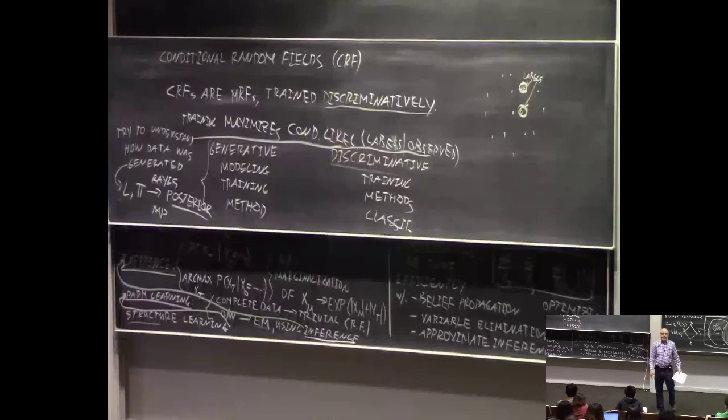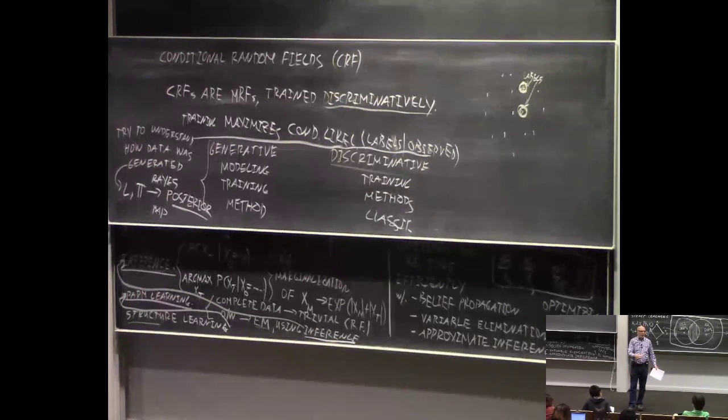So linear regression doesn't tell you a story of how the covariates were generated. It just gives you a rule, given a value of the covariates, what the value of the output should be. Right? Neural networks don't tell you how the input was generated. They don't look at which inputs are more likely, which inputs are less likely.